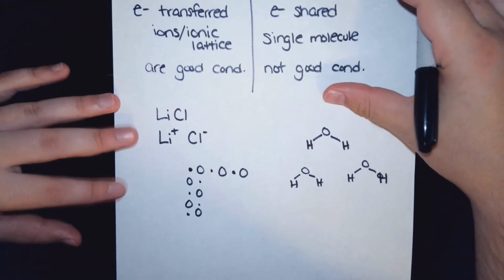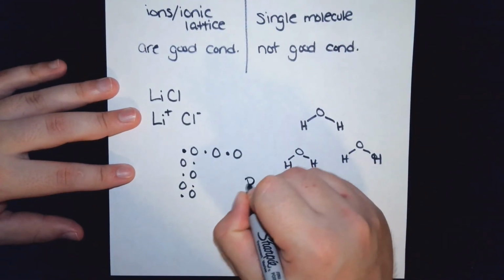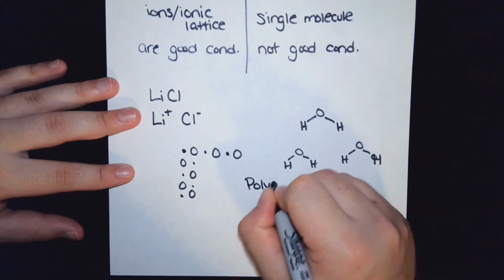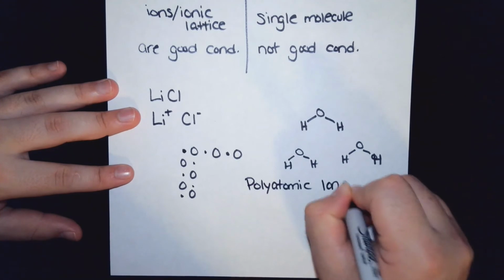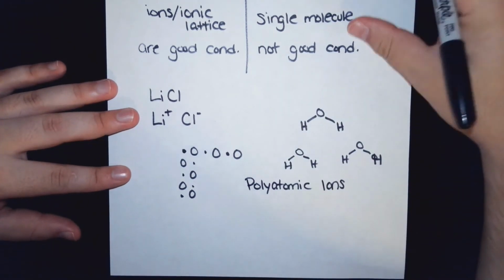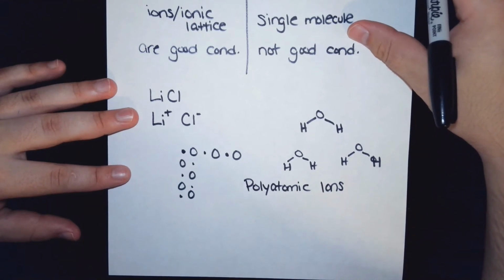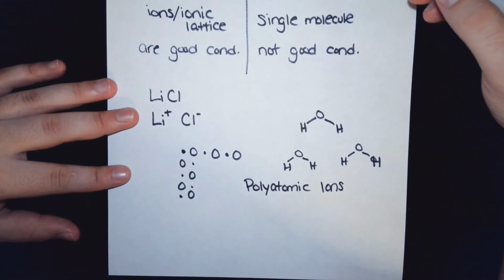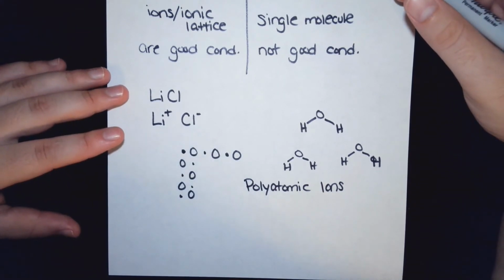The last thing I want to talk about for this is something called polyatomic ions, because these are kind of a hybrid of the two. On Blackboard, I have a list of common polyatomics that I posted, and you'll want to memorize those because you can be expected to know them.